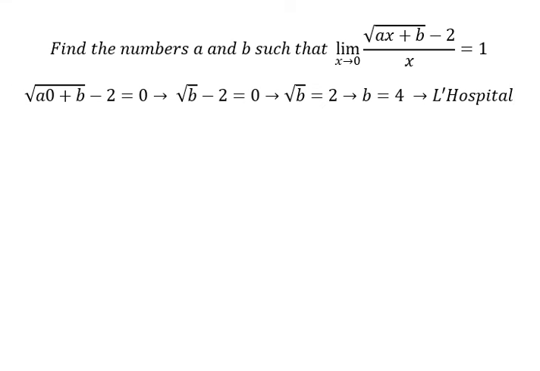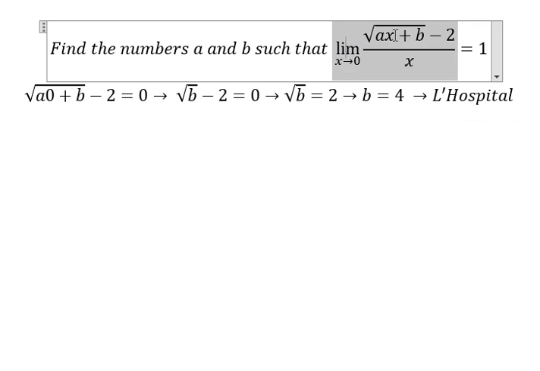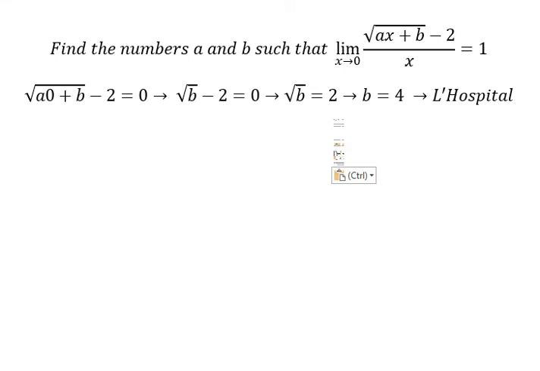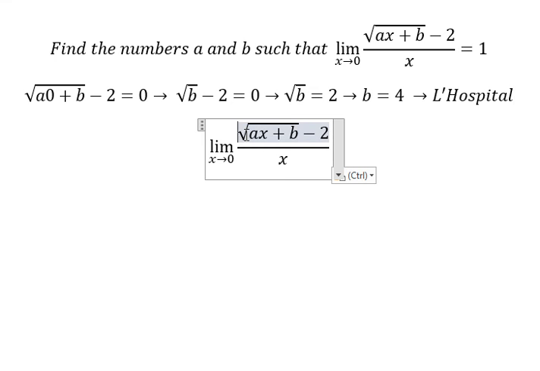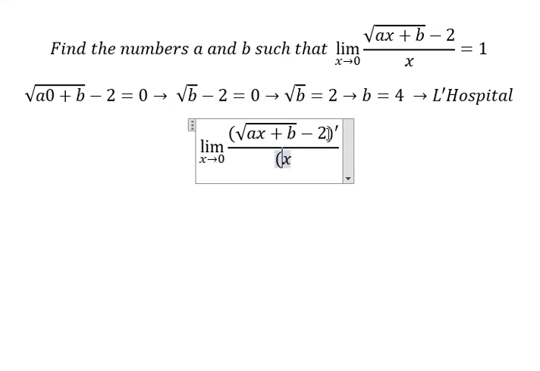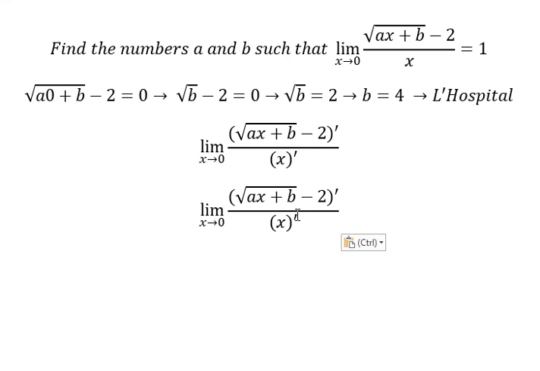So if we use L'Hospital in here, that should be like this. This one we have number 1. This one is about the constant, so you get 0.